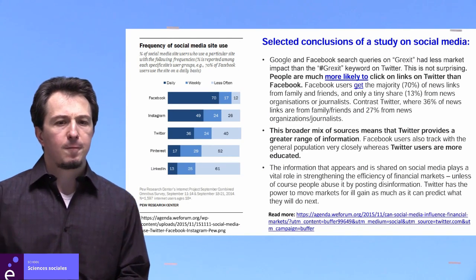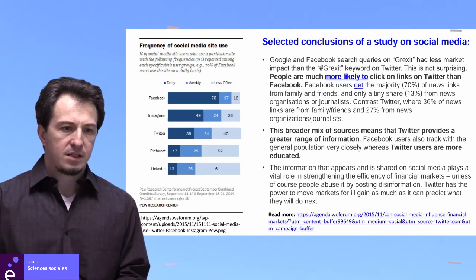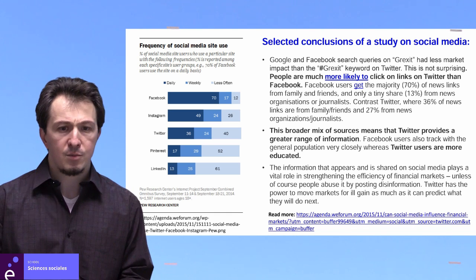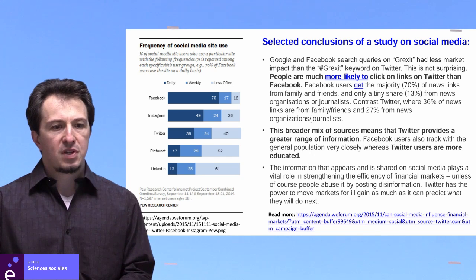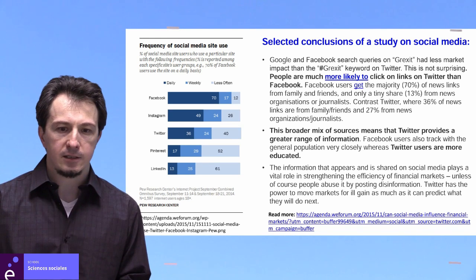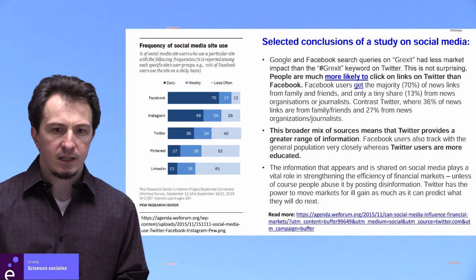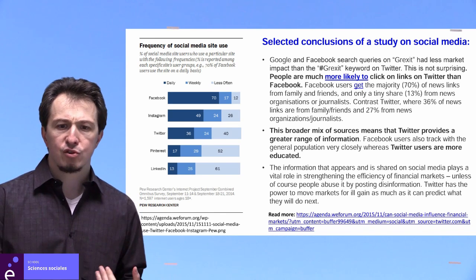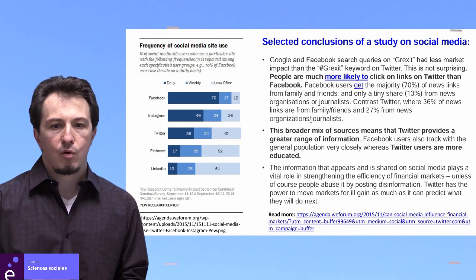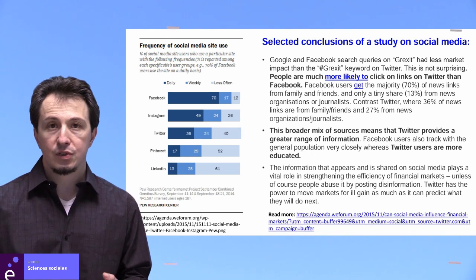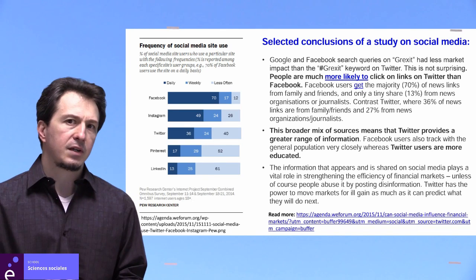A bit more on social media. I show here in this slide a graph from a study, some conclusions from a study, that included Facebook, Instagram, Twitter, Pinterest, and LinkedIn. And the interesting point that I found here is that on some social media, people are more likely to click on links to study more than on others. For example, on Twitter they would, if they have the time, of course, and depending on their priorities, click to learn stuff there.